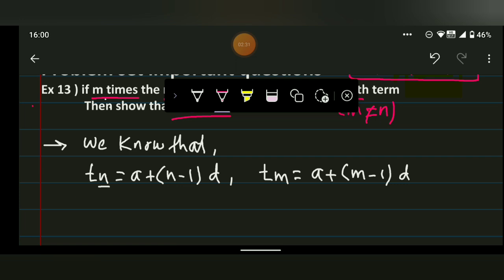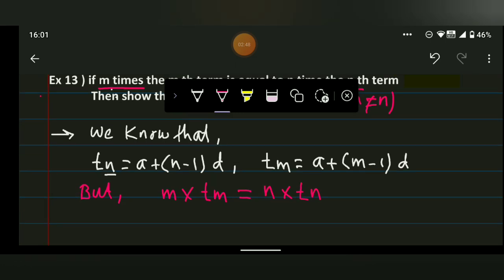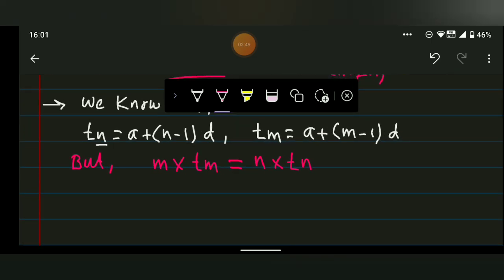The given condition is that m multiplied by tm is equal to n multiplied by tn. These two terms are equal. Now we have to replace the values of tm and tn in this equation.